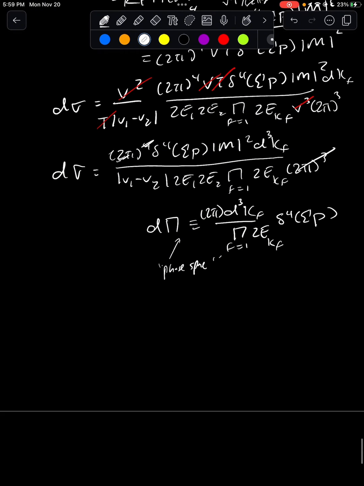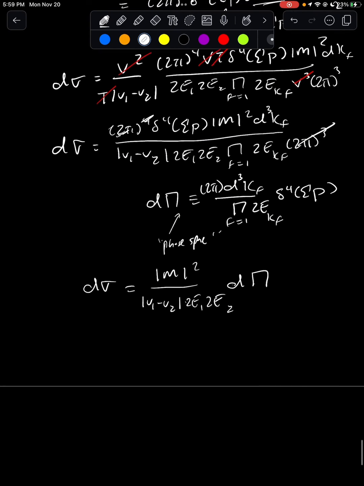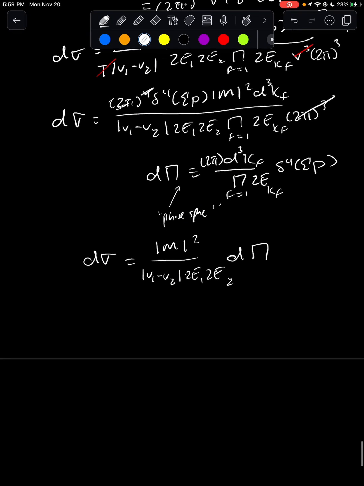Therefore, with this definition, we find that the differential cross section is equal to the matrix element squared over v1 minus v2, 2E1, 2E2, multiplied by the differential of the Lorentz invariant phase space. And basically, what we could do is just integrate this to find the total cross section. It's just the integral of this right over here.